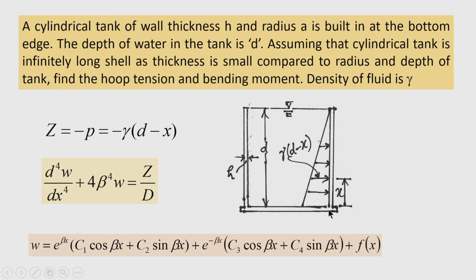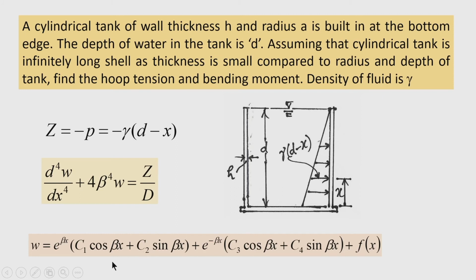So, if I take this as the origin and x is measured upward positive. So, at a distance x, the depth of the water causing the pressure is d minus x. So, d minus x into gamma will be the pressure at this level, and the variation of the pressure you can see it is linear hydrostatic pressure.